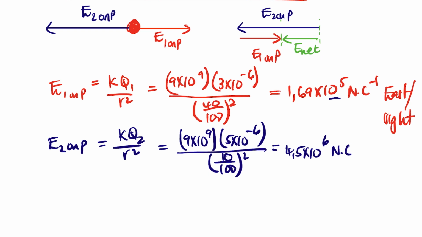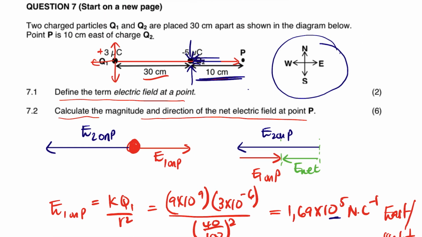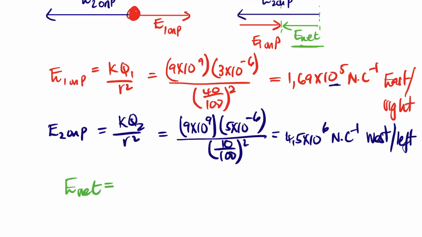So Newton per coulomb, and the direction is going to the west, or what? Left. Right, but stick to the directions that you're given here. Right, and when we do a net now, the net is E net, which is the net we already see there.